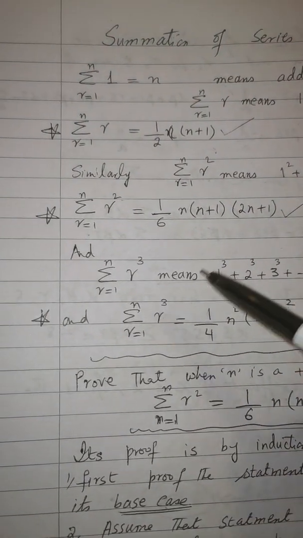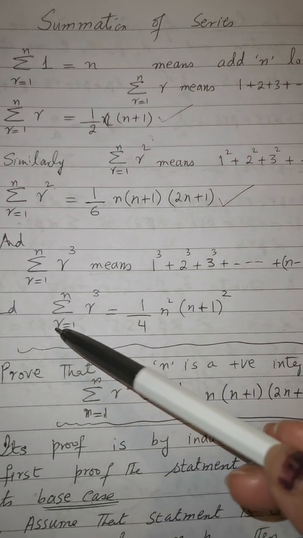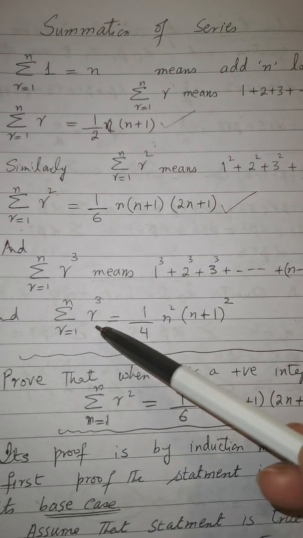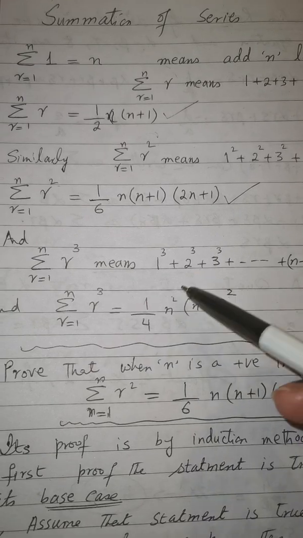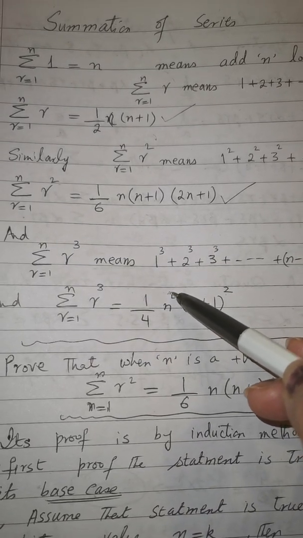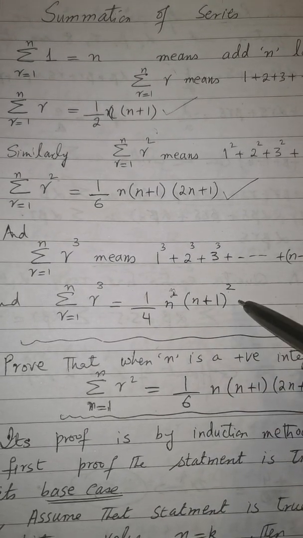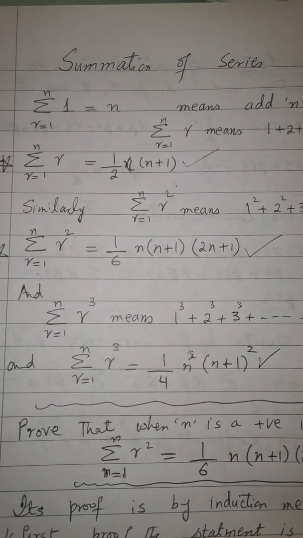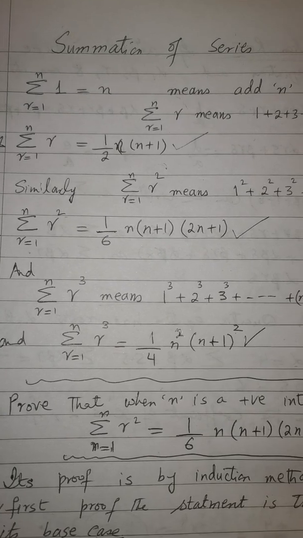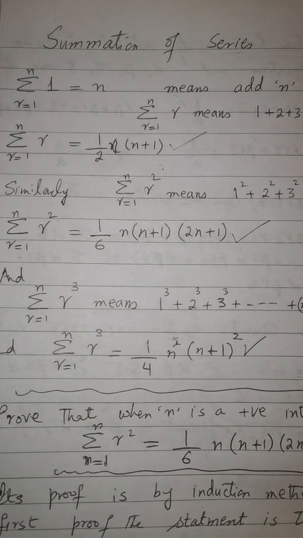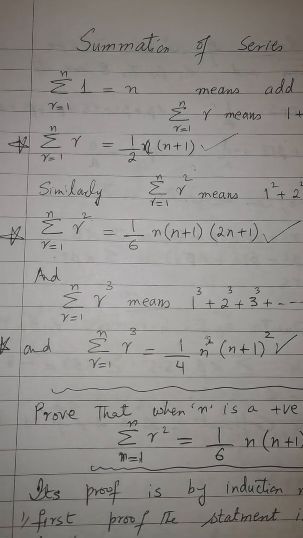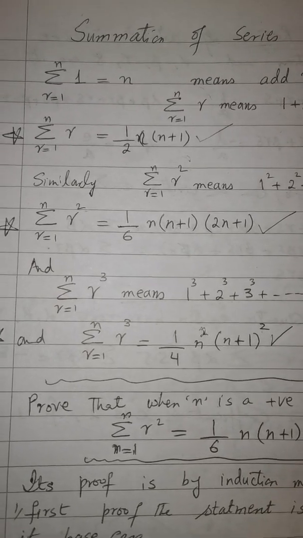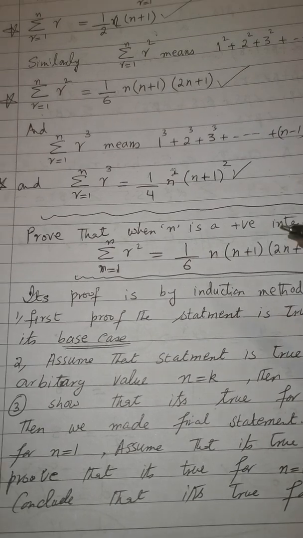And what is the formula of summation r is equal to 1 to n of r cube? Its formula is 1 by 4 n square into n plus 1 whole square, right? So these three formulas, we have to memorize them, right?